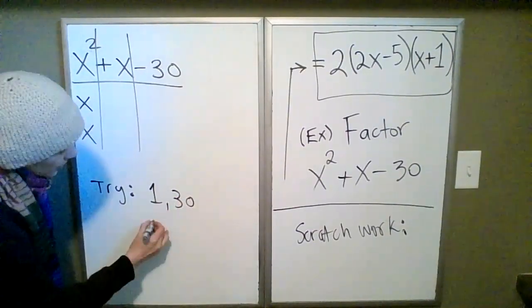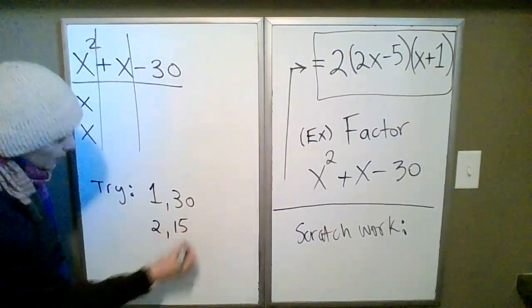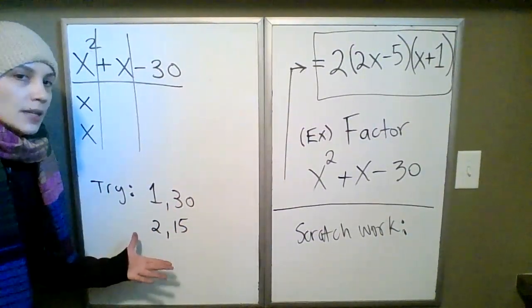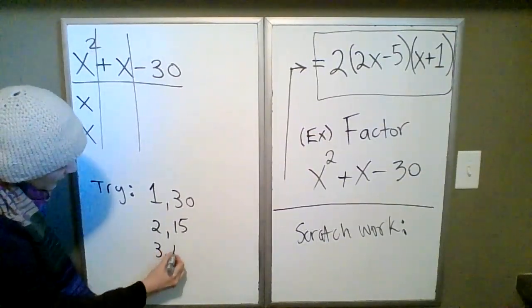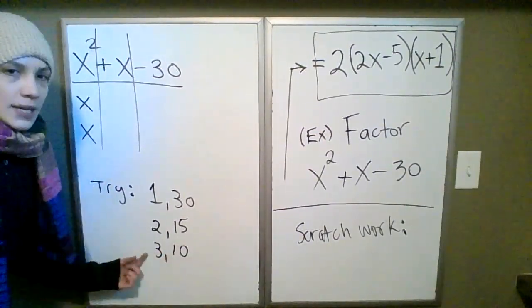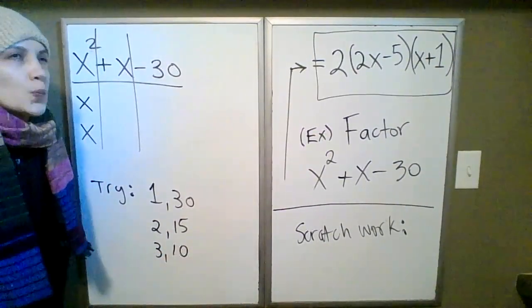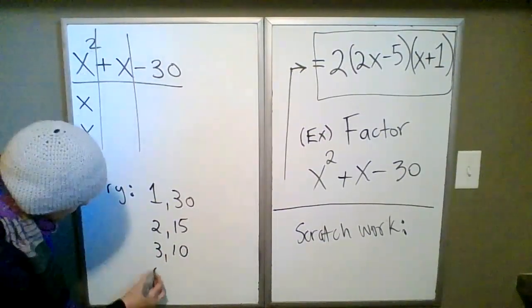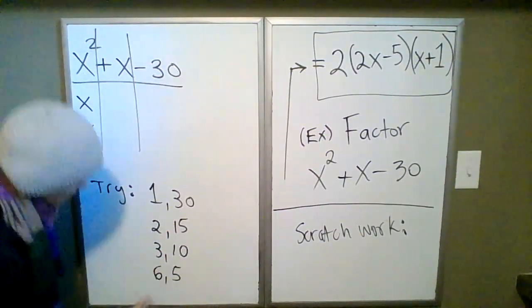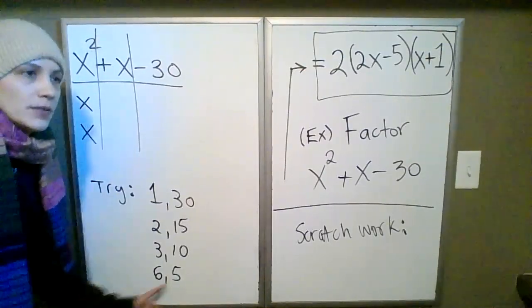Also need one of those numbers to be negative. We do 3 times 10 is 30, and put a negative sign somewhere. 6 times 5. And then pick one of them to be negative.